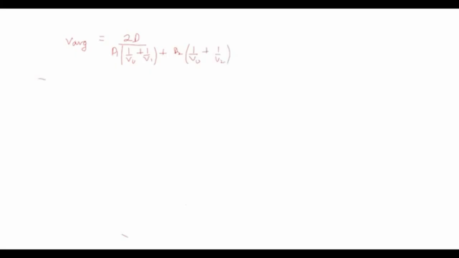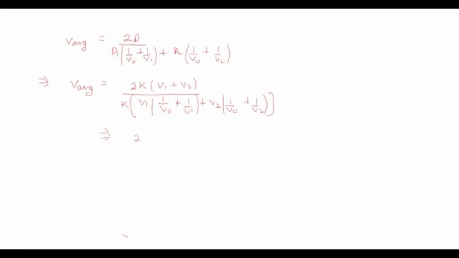And then on substituting the values which we evaluated, the v average can be written as 2k(v1 plus v2) upon k[v1 (1 by v0 plus 1 by v1) plus v2 (1 by v0 plus 1 by v2)], and on solving we can eliminate k.